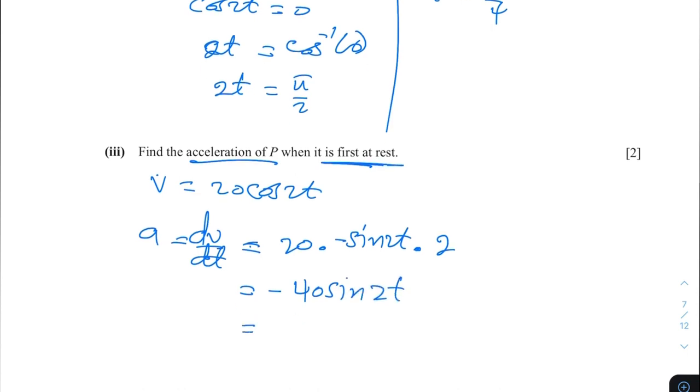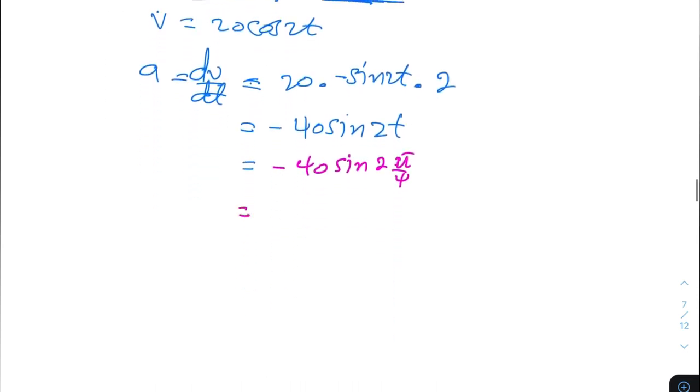They said at the time where it is at first rest, and we found in the previous part that t must be pi on 4. So you have negative 40 sine into bracket 2 times pi on 4, which becomes negative 40 sine pi on 2. Sine pi on 2 is 1, so our answer is negative 40.